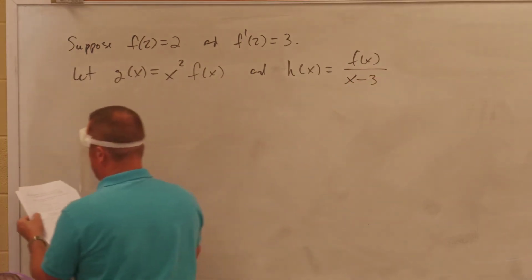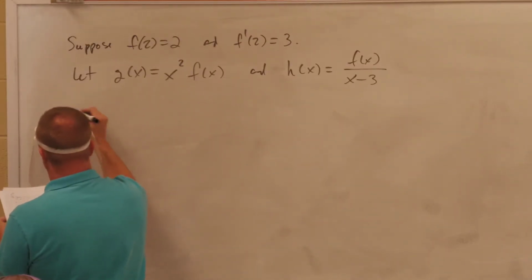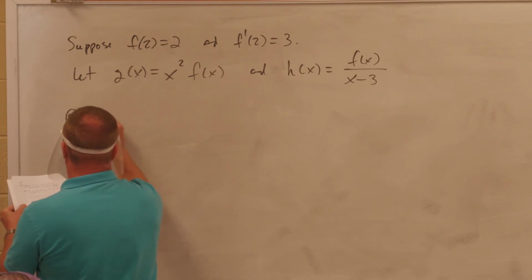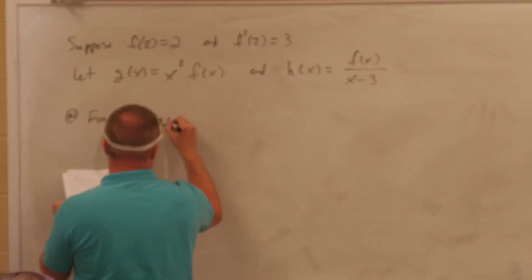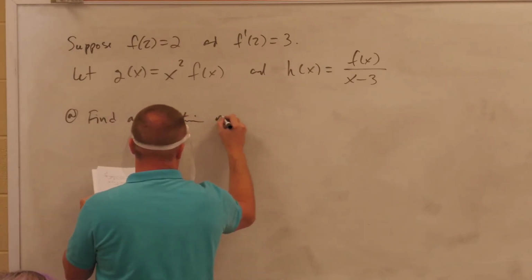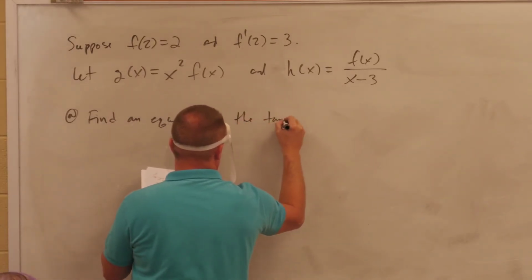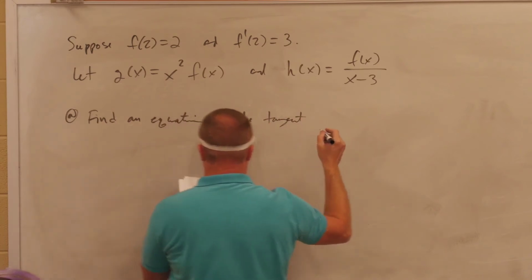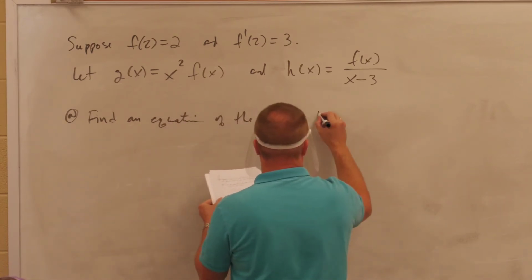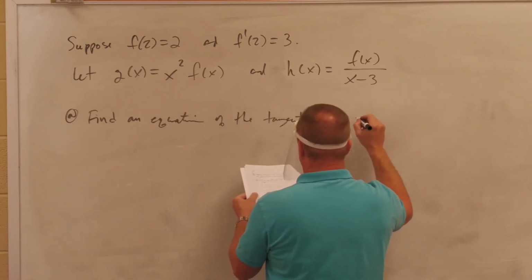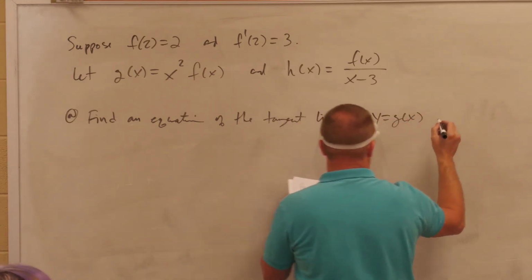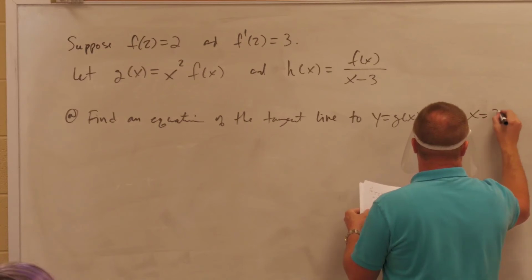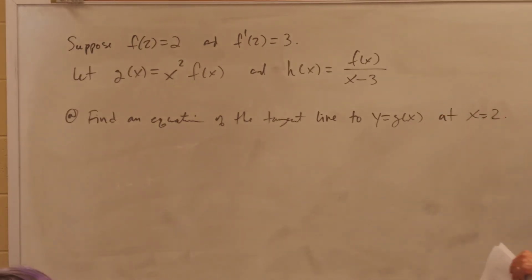Okay? So the A part says find an equation of the tangent line, or line tangent, to y equals g of x at x equals 2.